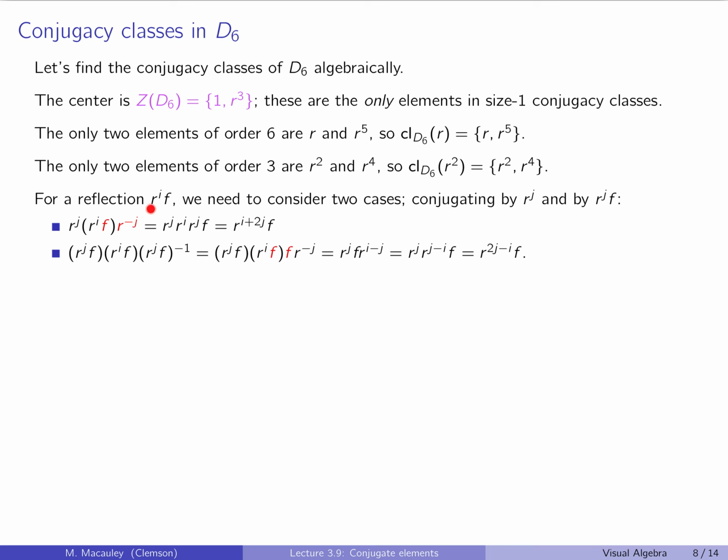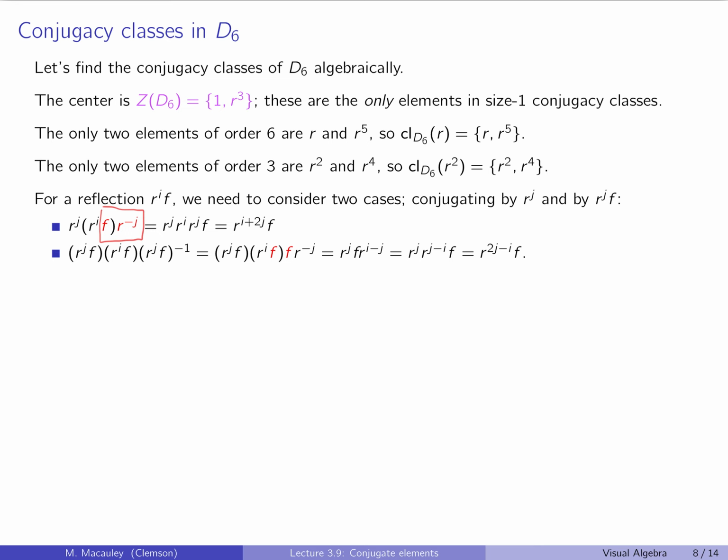Let's take one, R to the I, F. We need to consider two cases. What if we conjugate by a rotation or by a reflection? So let's start with conjugating by a rotation, R to the J. So here that is. And now notice that we have F R to the minus J here, and we can swap the order of these if we negate the exponent.